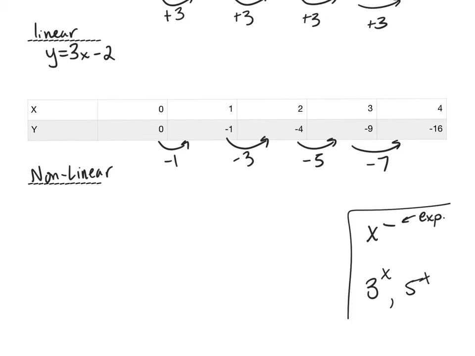So now the question is, how do I figure out what the exponent is? I'm going to show you another way we can look at this. Let's take the difference here. What's 1 minus negative 3? 2.